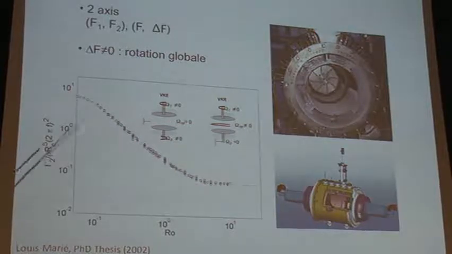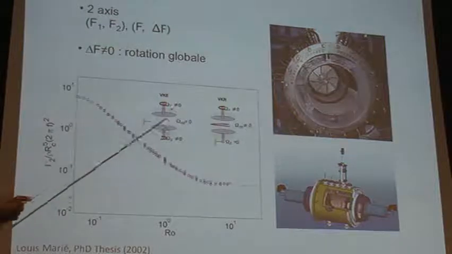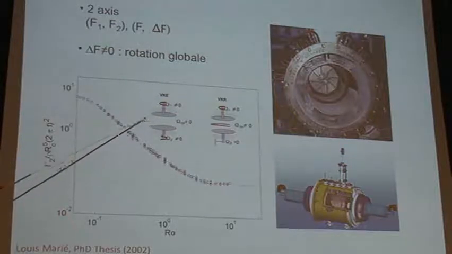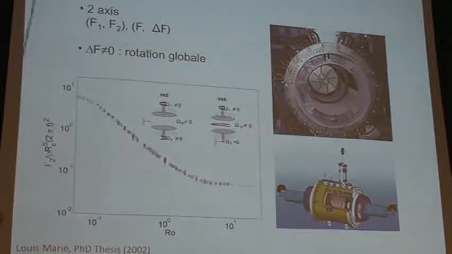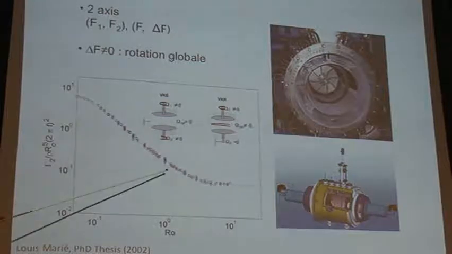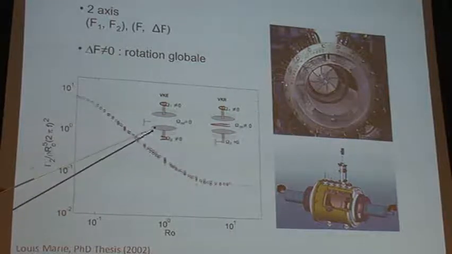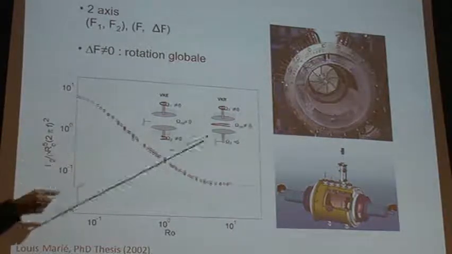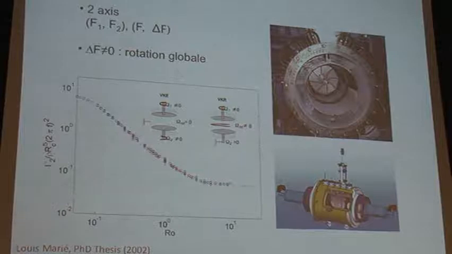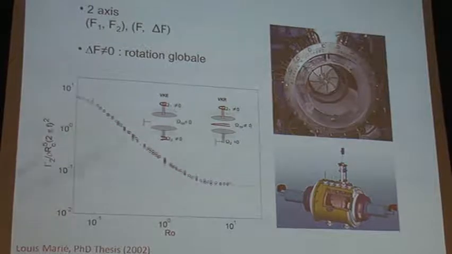In a water experiment, we built one where the outer wall rotates. In that case, you find that if you study the evolution of the torques for rotating at different speeds or rotating at the same speed plus the outer vessel rotating, at least the torques have the same dependence on some sort of Rossby number.